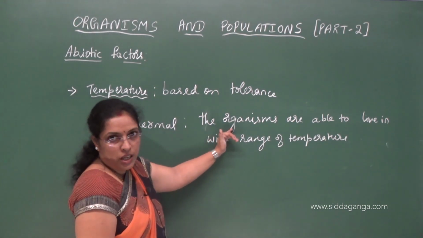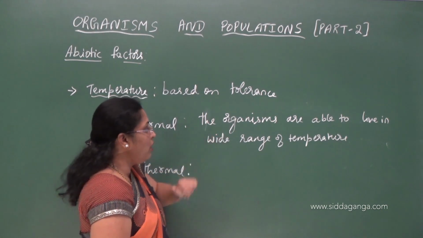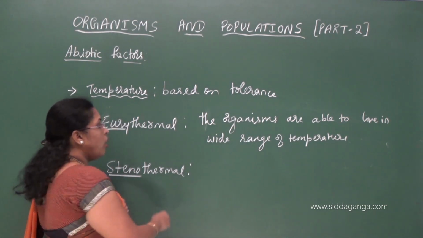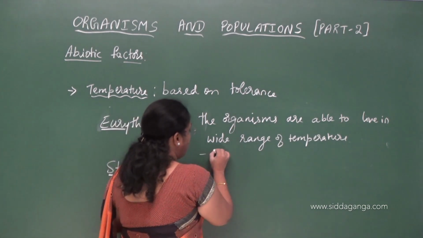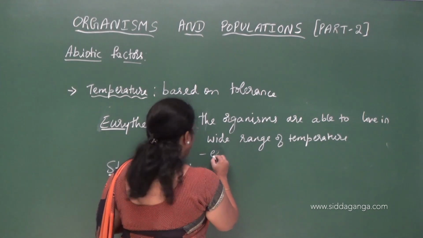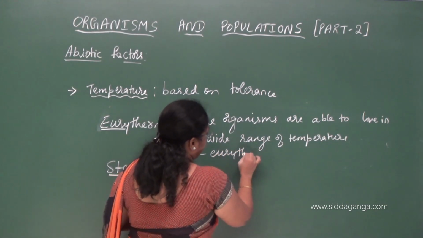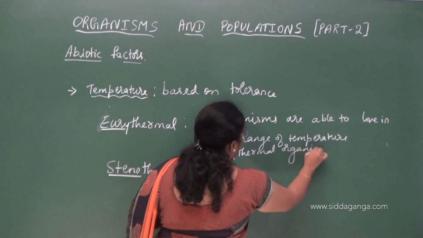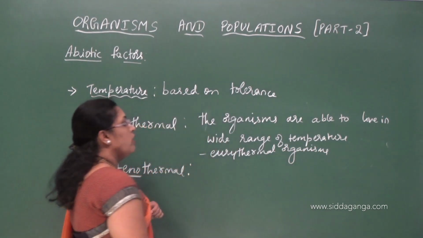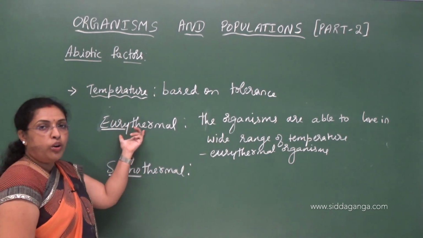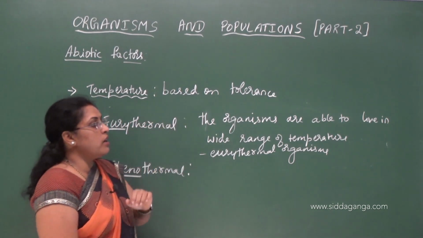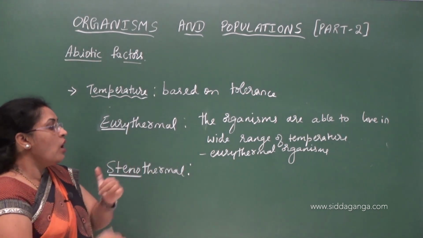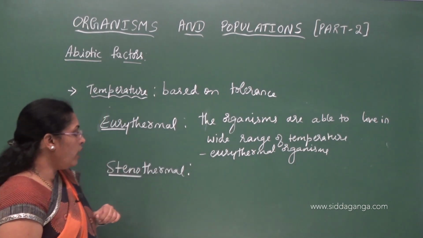So the organisms that are able to thrive and live in a wide range of temperature are called euthermal organisms.